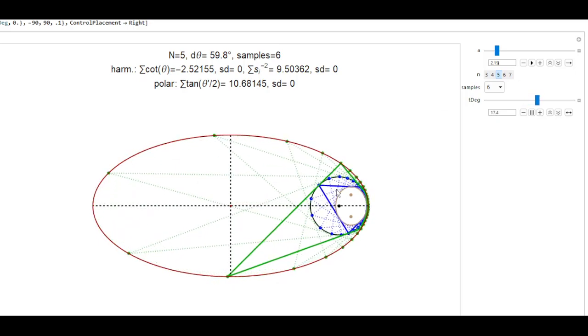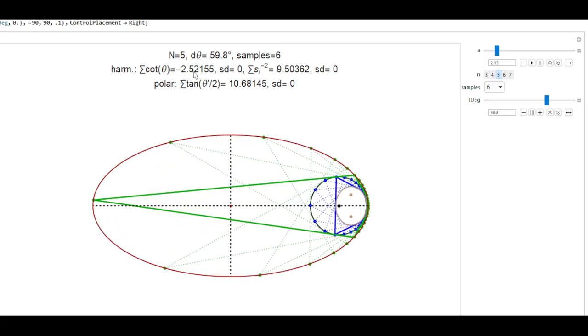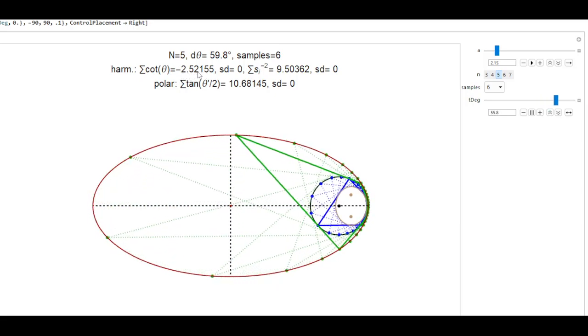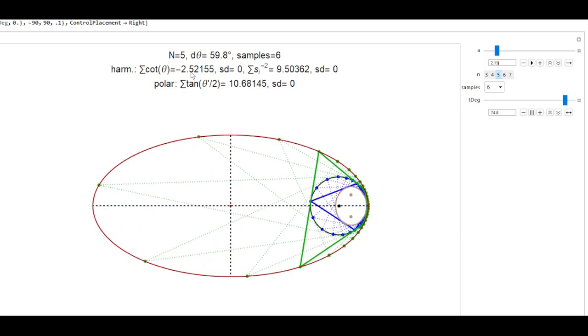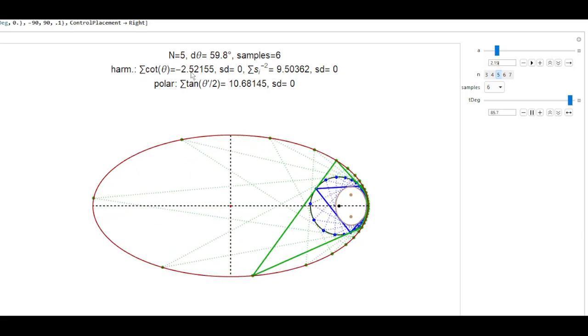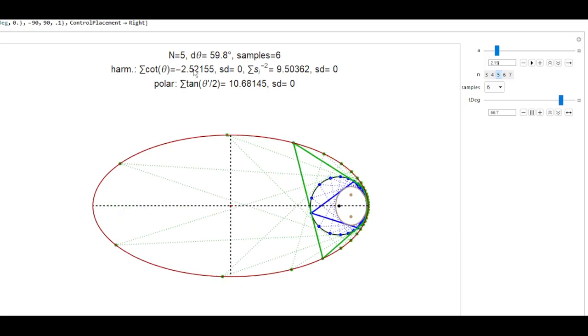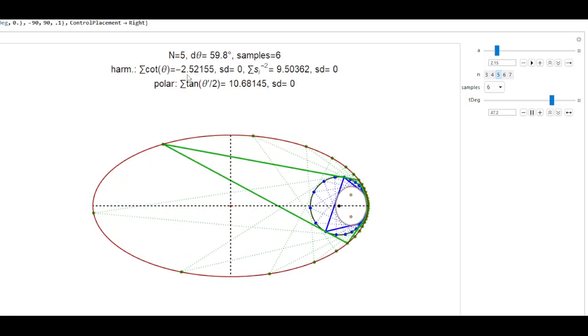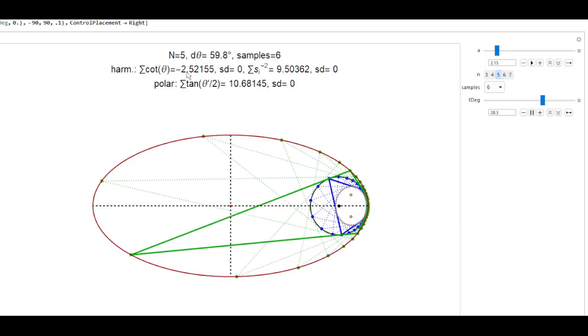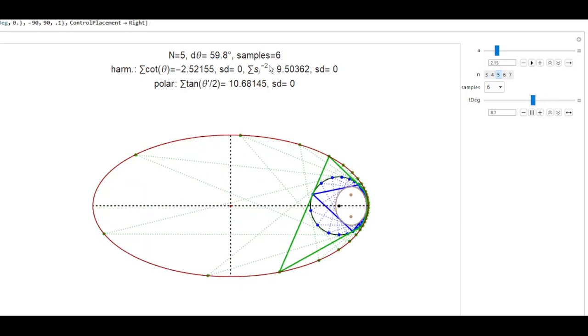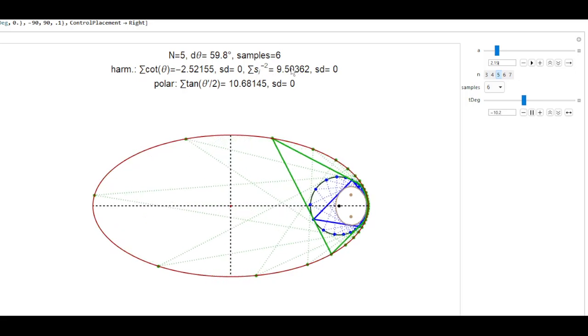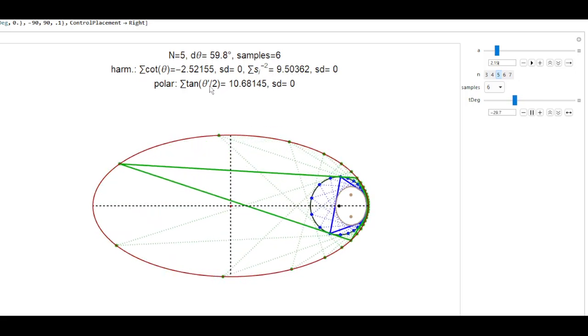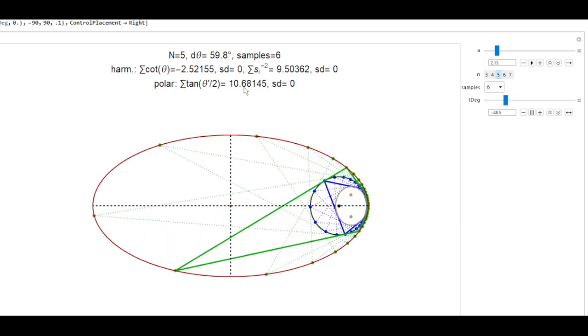The blue n equals 5 harmonics are still conserving, and you can see here that now the sum of cotangents is a negative number. For n equals 3 it was positive, for n equals 4 it was equal to 0, and now for n greater than 4, this sum of cotangents becomes negative. The sum of inverse square side lengths is still being conserved by the blues, and now you're getting, again, a different number here.